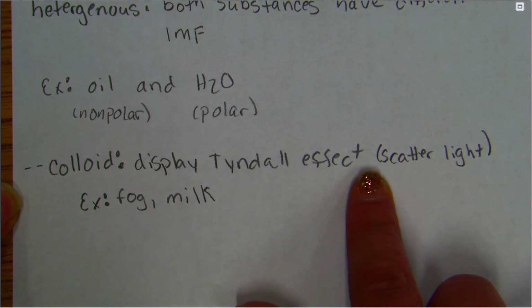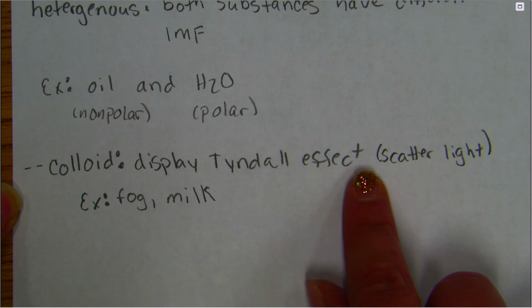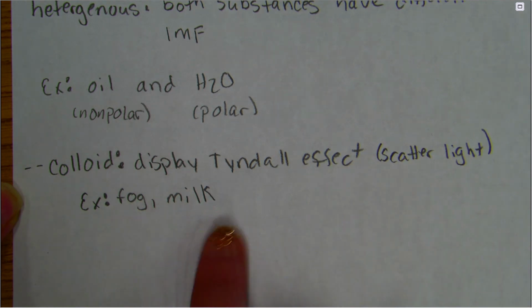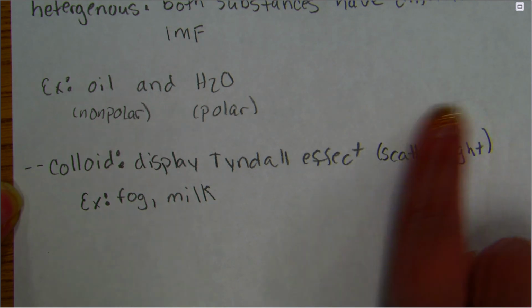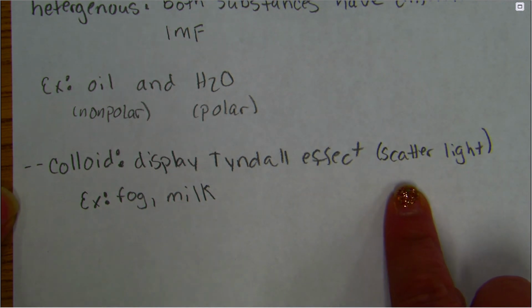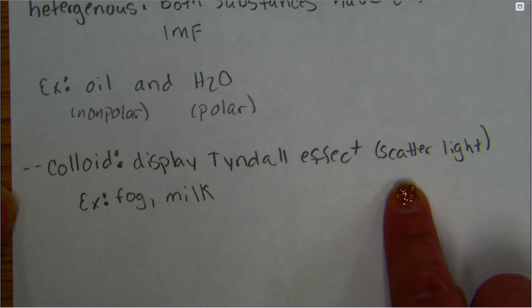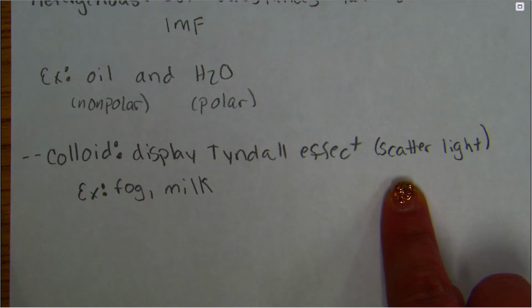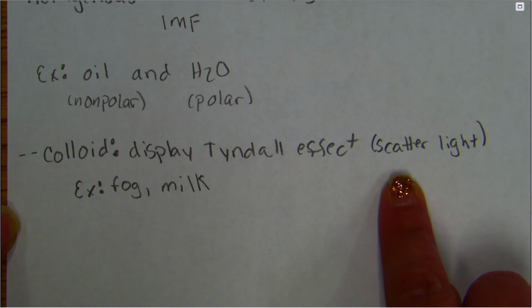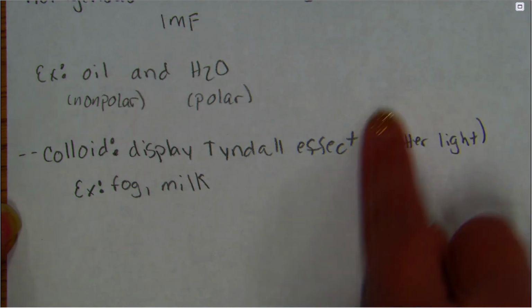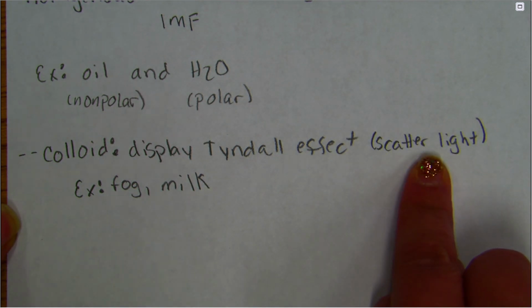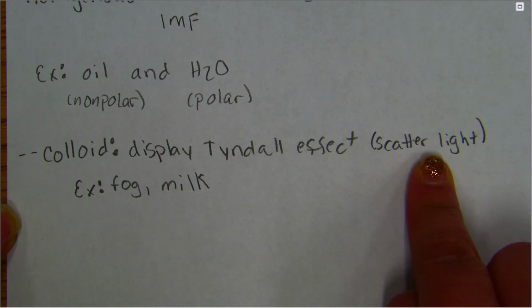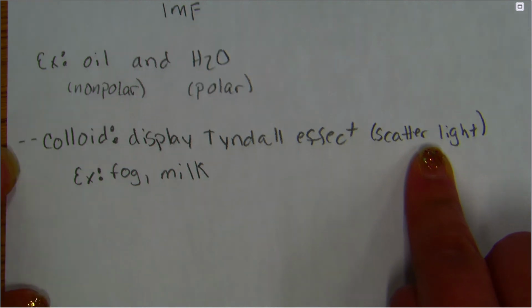Put them back on the low beam and you'll notice you can actually see better with the low beams on because fog is a colloid and it scatters the light. Now, of course, you're not going to drive with your high beams on, and don't try that experiment while you are driving. That is completely unsafe. But it scatters the light, making the high beams so much more bright, and you just cannot see.